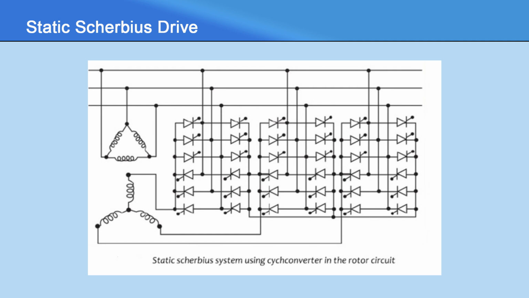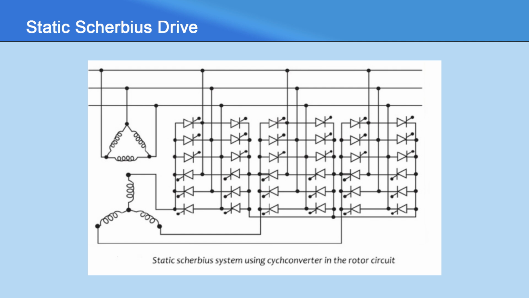As the slip power is either fed to the rotor or taken from the supply mains, the cycloconverter static Scherbius drive offers a constant torque drive scheme. However, the converter becomes costly and has a complex control system.